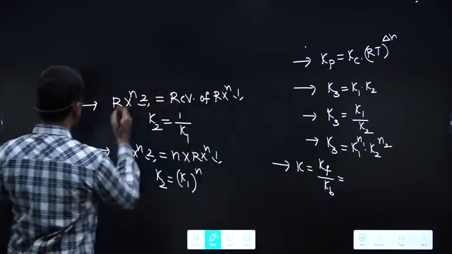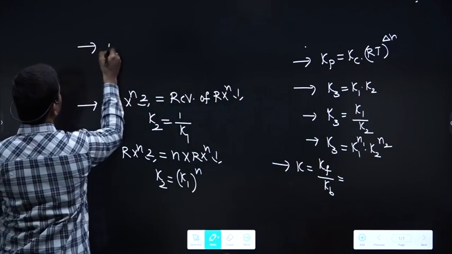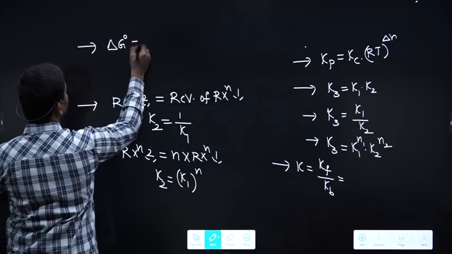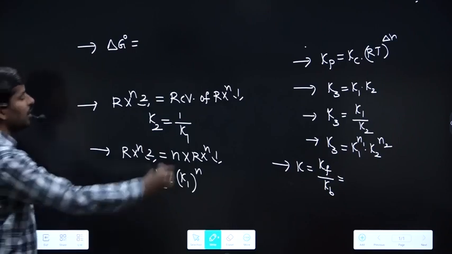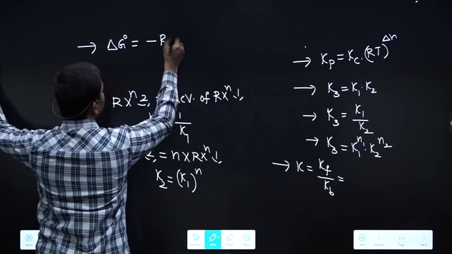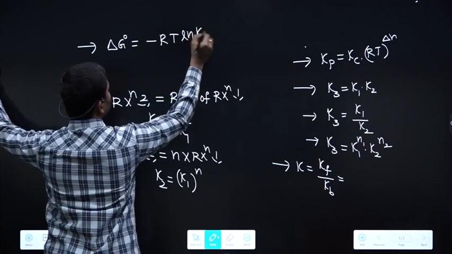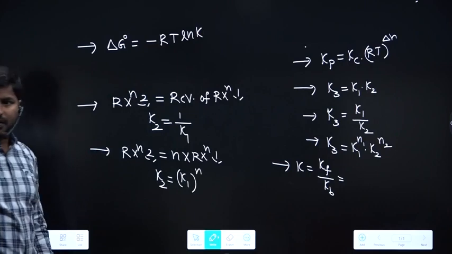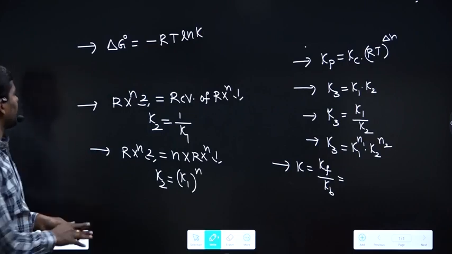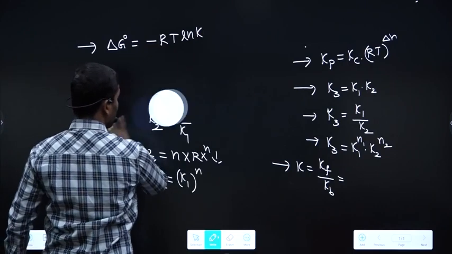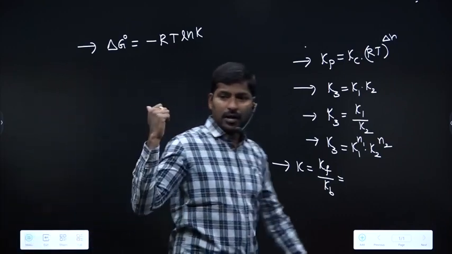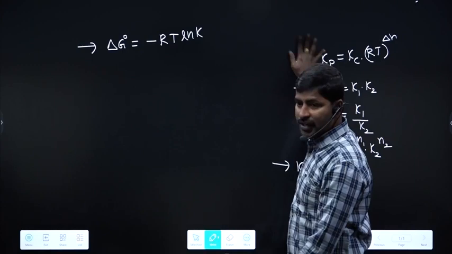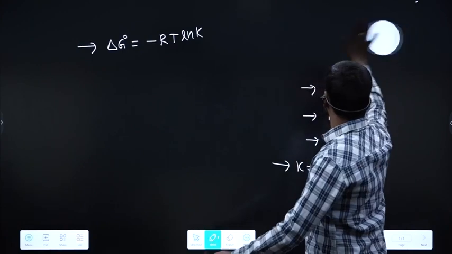And you may add this point also. What is the relation between delta G naught and K? That we discussed in thermodynamics. Delta G naught is equal to minus RT ln K, where K is called equilibrium constant, or minus 2.303 RT log K. And delta G naught we can write as delta H naught minus T delta S naught also.